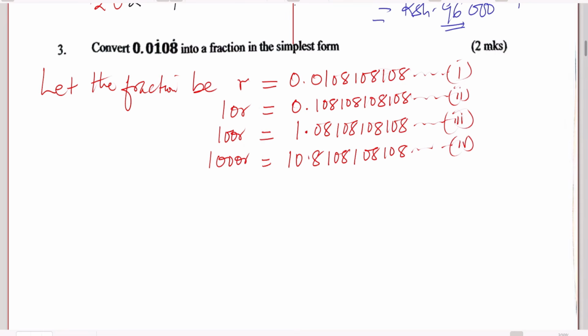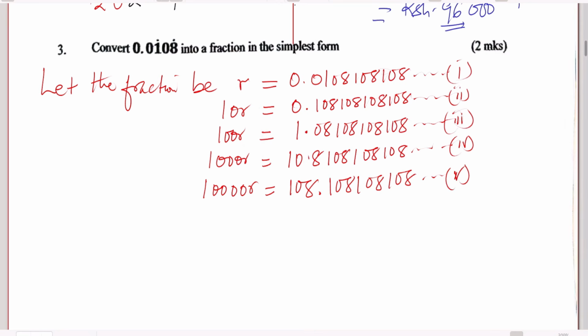Again, when you look at equations 1 to 4, still we don't have any two equations whereby from the decimal point we have a similar thing. So you proceed from 1,000 to 10,000. Multiply r by 10,000, and this will give 108.108108 and so on.